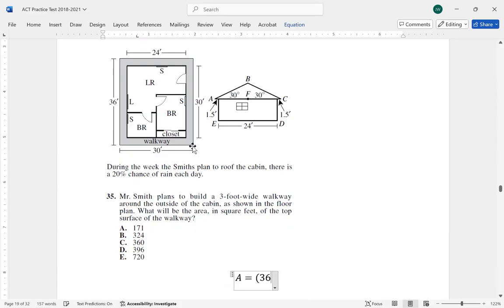So if I take 36 times 30, that'll give me the outside area rectangle. And then I'm going to subtract the inside area rectangle. That has length of 30, as seen over here, and width of 24.